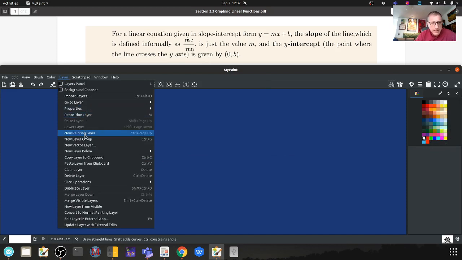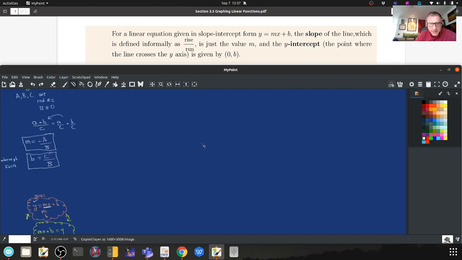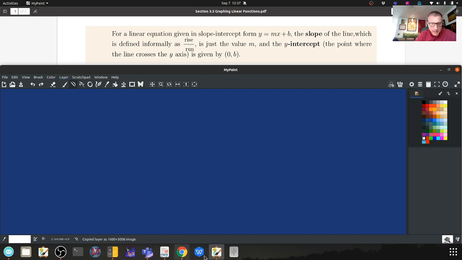New painting layer. Copy layer to clipboard. Did I get anything? No, I didn't get anything. I actually have something copied to the clipboard. We don't need to do that. I had something copied to the clipboard. That something is no longer there.